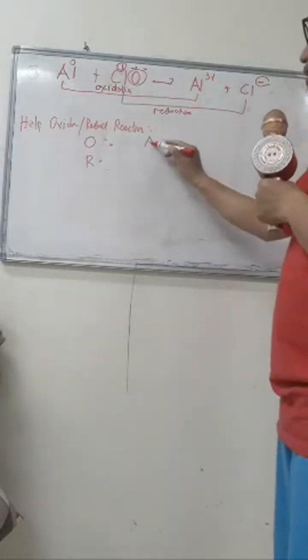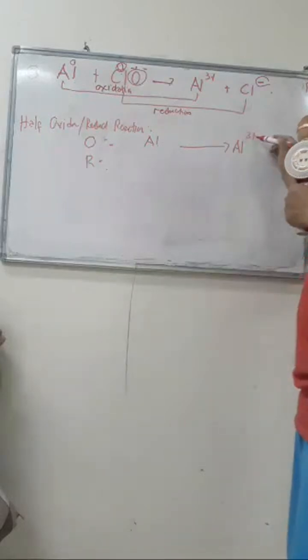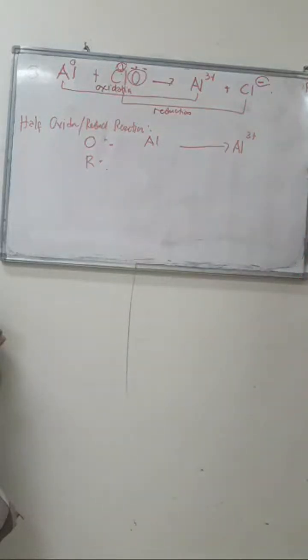Oxidation is very clear: aluminum to aluminum 3 plus. Then you have to add electrons in the product because this is losing electrons, or oxidation. So plus 3 electrons. Why 3 electrons? Because that is the only number you can add with the 3 to make it 0.